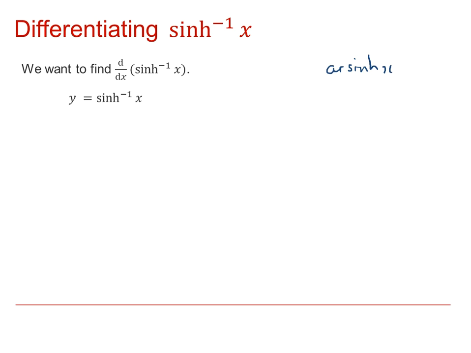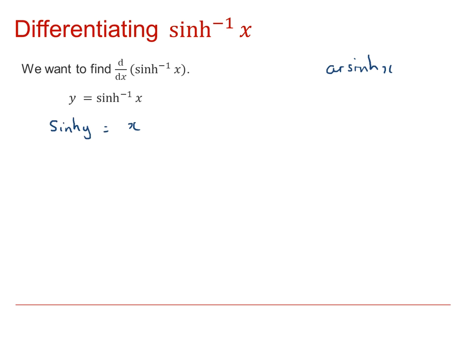So we start off by saying that if y is equal to sinh inverse of x, then it must be true that sinh y is equal to x. And then we can use implicit differentiation to differentiate both sides with respect to x.